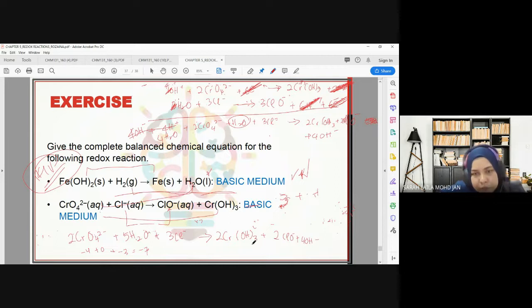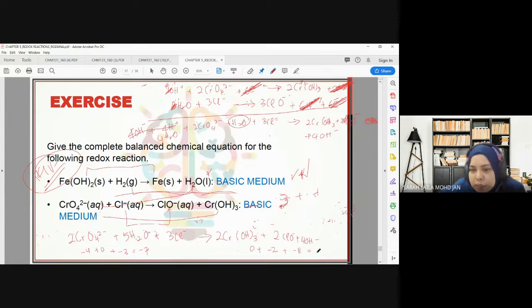So, yang ni pula 2 darab dengan kosong, kosong. And then tambah kosong tambah 2 darab negatif 1. So, negatif 2 tambah 4 darab negatif 1. Negatif 8. Kenapa tak balance ni? Selalu macam ni. Kat mana salah?